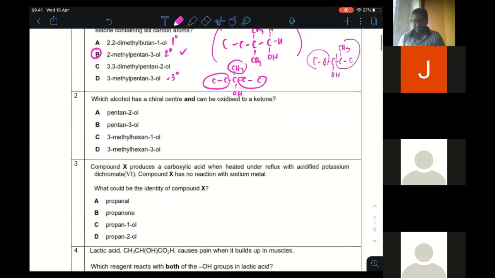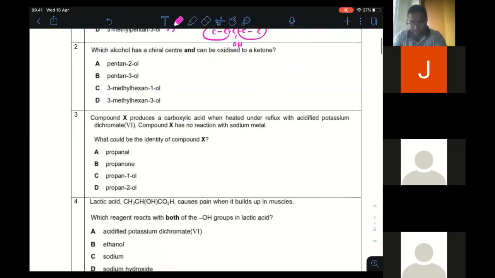Let's go for the second question. Which alcohol has a chiral center and can be oxidized to a ketone? Again, you see ketone. If you look at oxidation, a ketone comes from a secondary alcohol. So we are looking for a secondary alcohol and, at the same time, a chiral center.